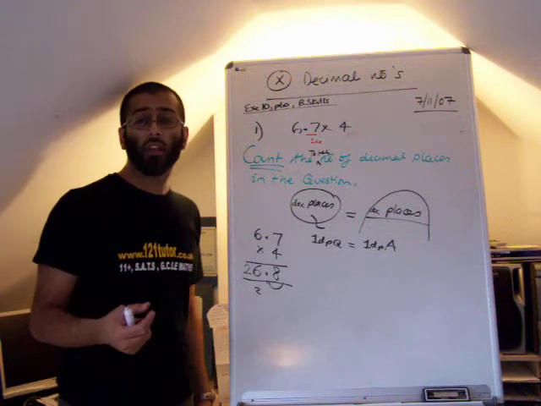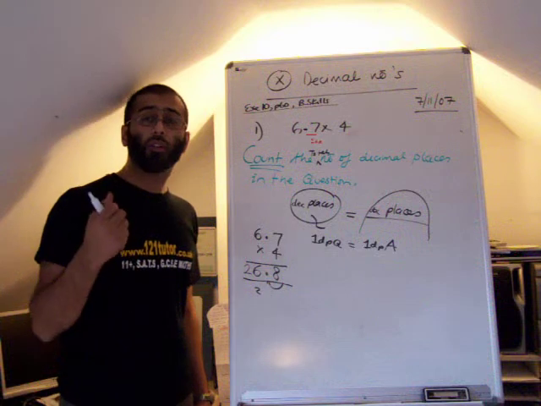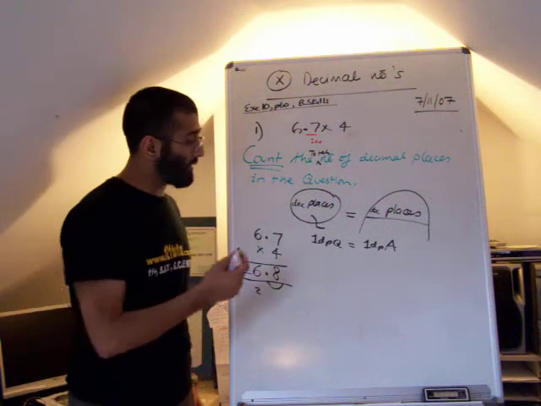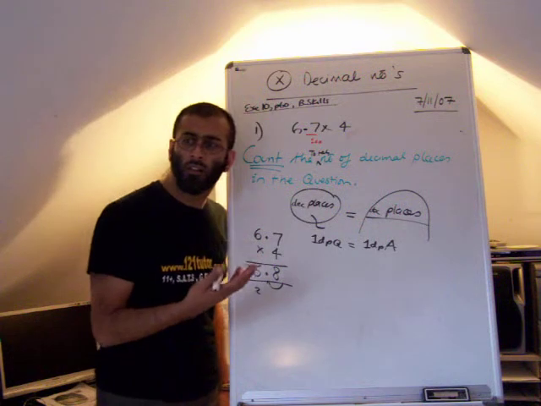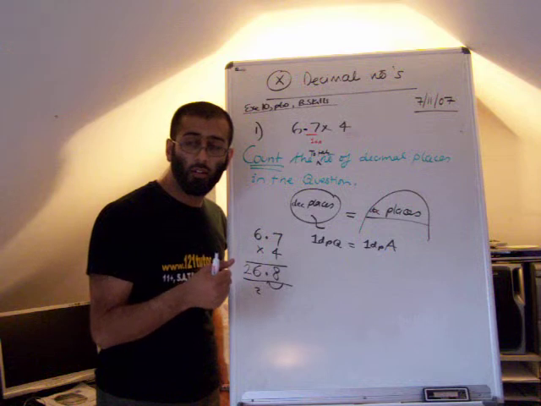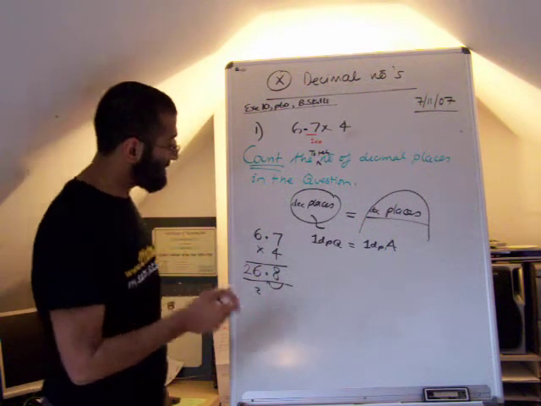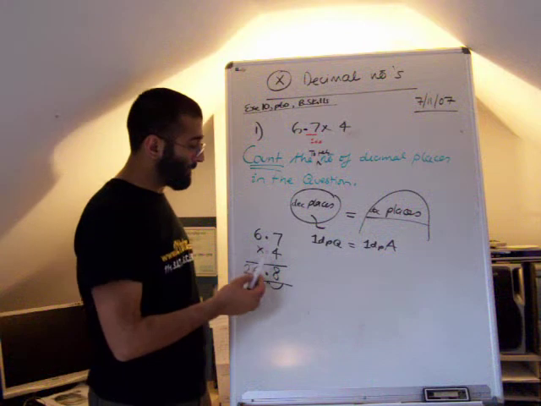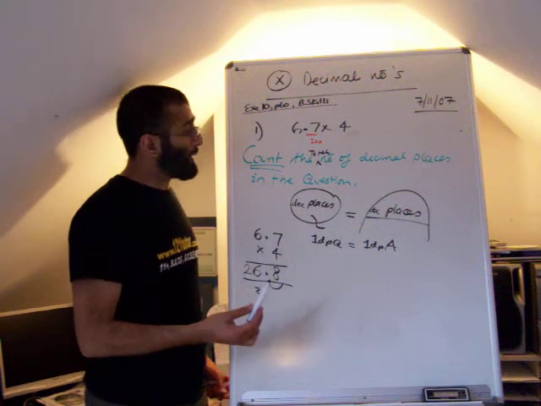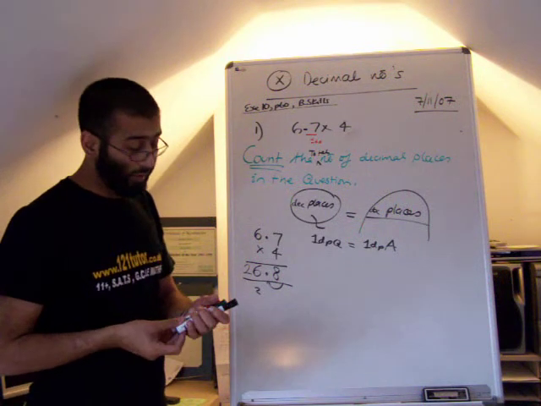That rule only exists for when you're adding and taking away decimal numbers, or when we are dividing decimal numbers. In this question it looks like it's lined up, which is not a problem in itself. So let's do another question where you find out quite quickly they won't line up.